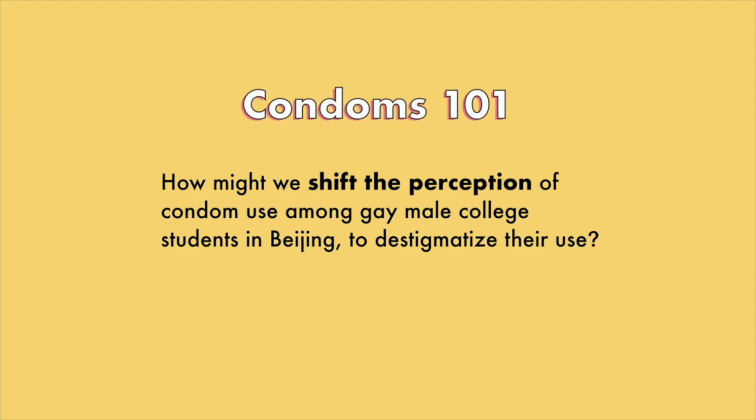So that's how our project Condoms 101 comes in. We thought about how might we shift the perception of condom use among gay male college students in Beijing, to destigmatize their use.